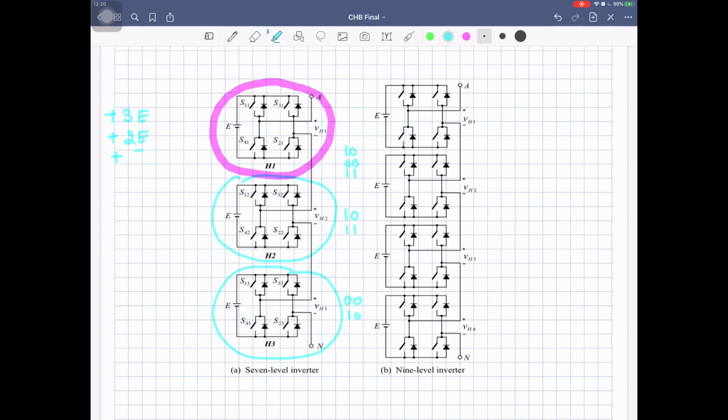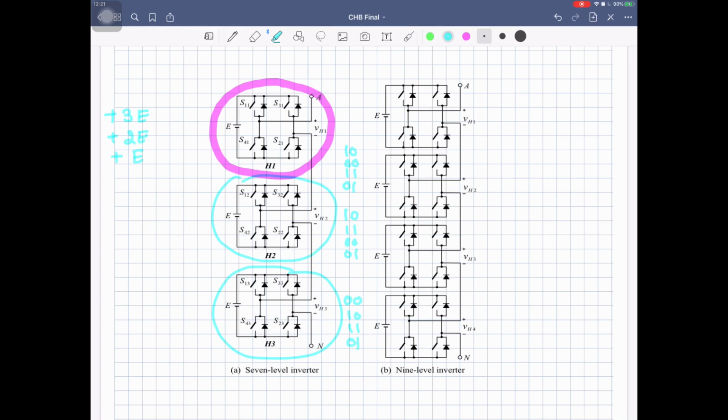To get E, use 1 0 in one inverter and keep the other ones with the 0 0 or 1 1 combination. So I'm going to list down all the possible combinations: 1 0 0 0 0 1 and 0 1 and 0 0 0 1 0 0 1 0 1 1 and 0 1.